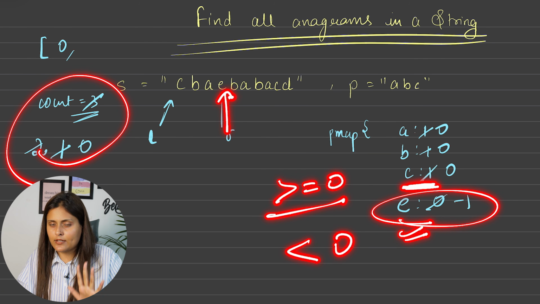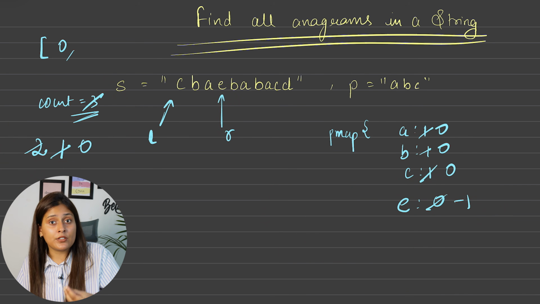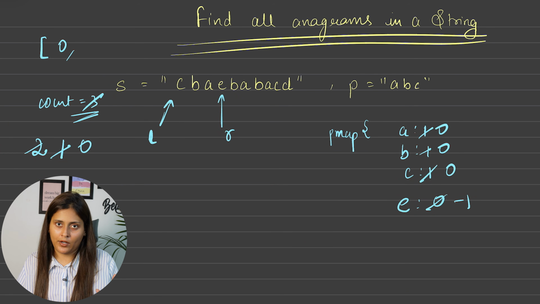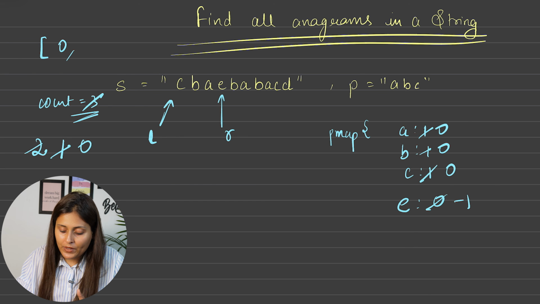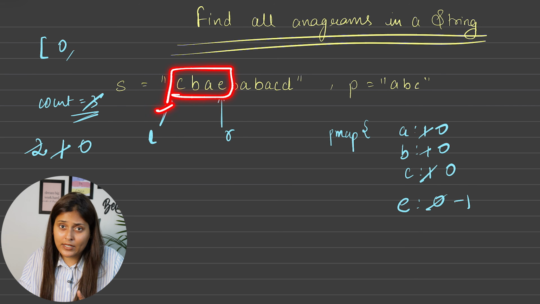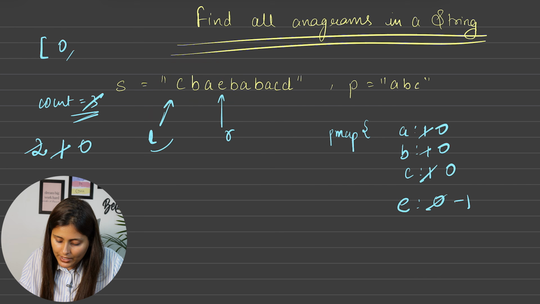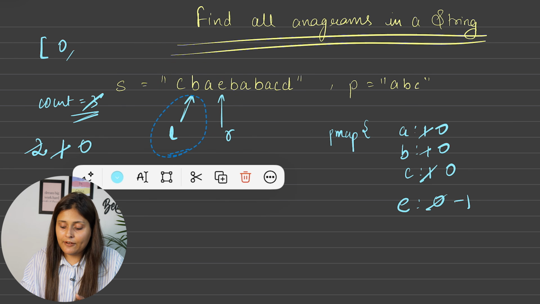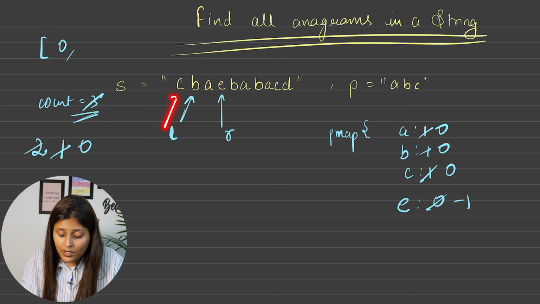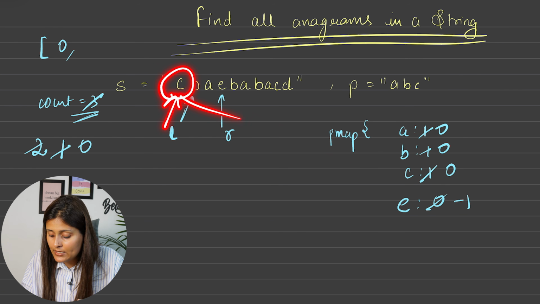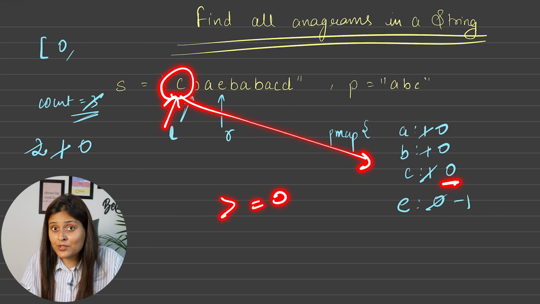I hope you understood the reason why we have initialized this with 0 and why we have decreased it to -1. Okay, now as you can see the length is greater than 3, correct? So we have to shrink, which means we will move this left pointer ahead, but before moving we'll check, is this frequency greater than or equal to 0? Yes, it is 0, so it is not negative.